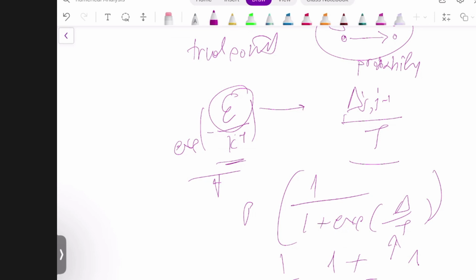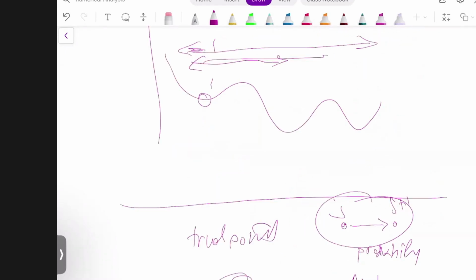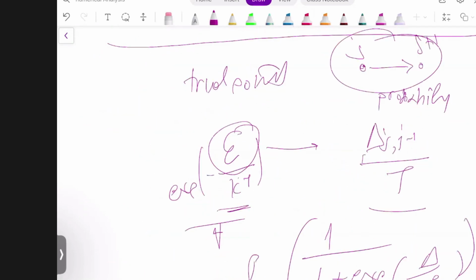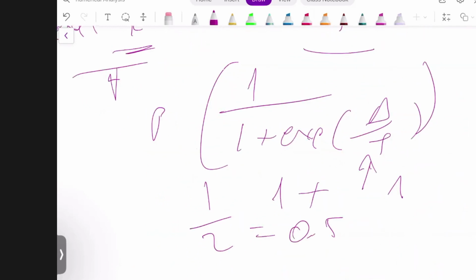Of course, smaller temperatures will lead to smaller acceptance probabilities. Remember, think about the equation. As the temperature goes down, so this T, we cool it down, then what happens?